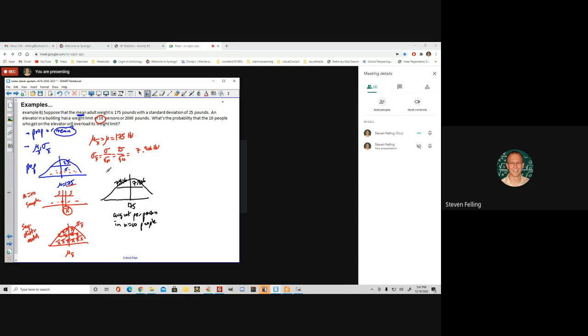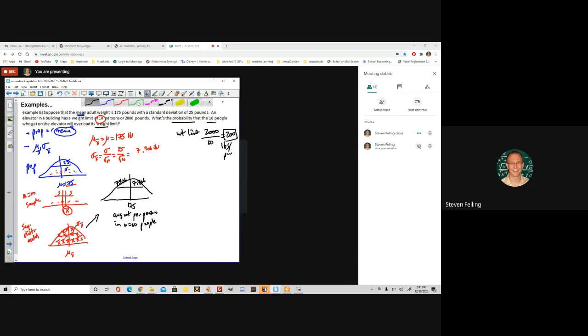Okay, so now we want to use this sampling distribution model to solve this probability problem. What's the probability that the 10 people will overload the weight limit? Okay, so if the weight limit is 2,000 pounds, but there's 10 people, then that means we would have to have a group of people who average 200 pounds per person, right?